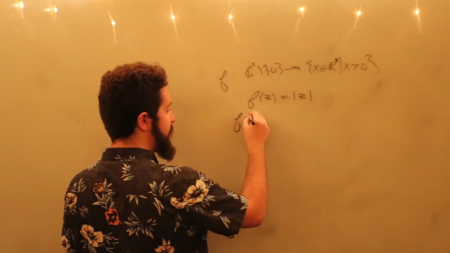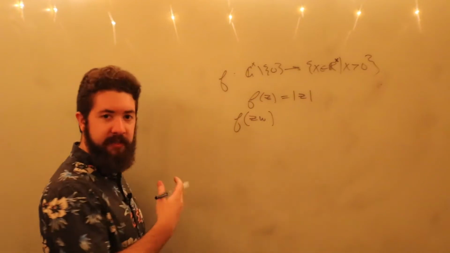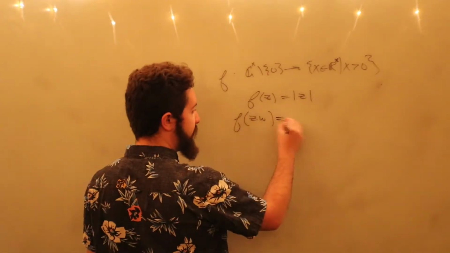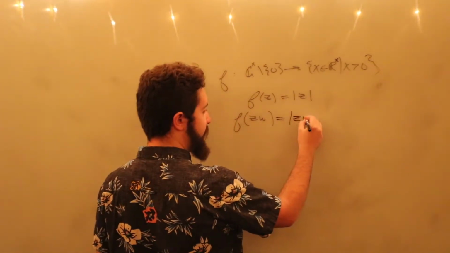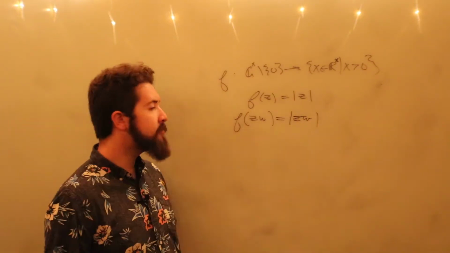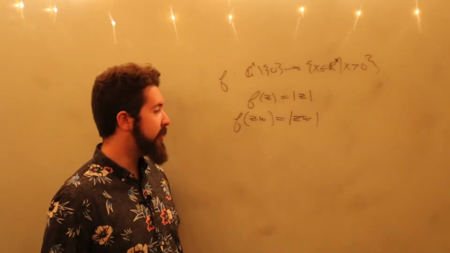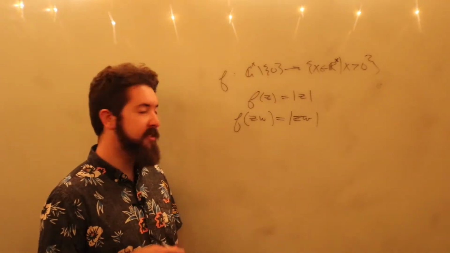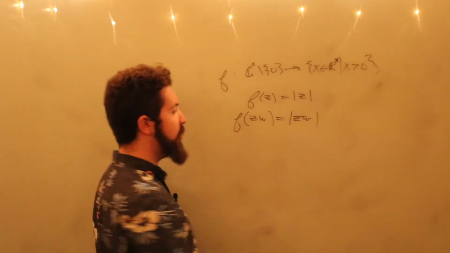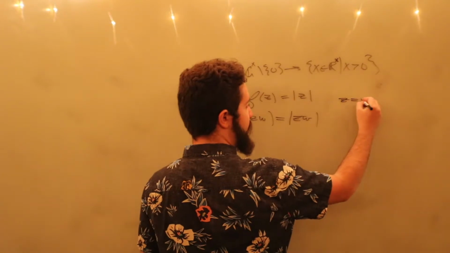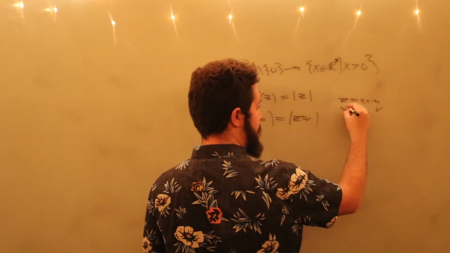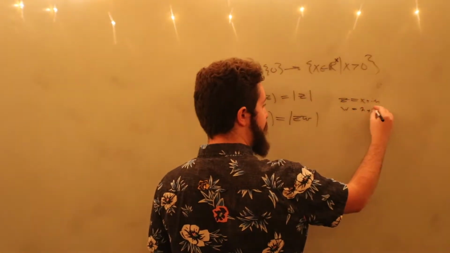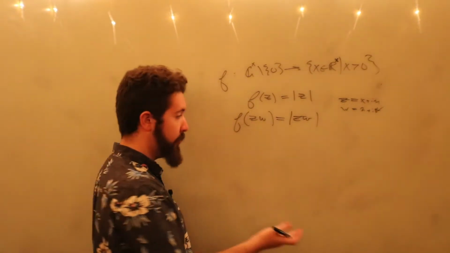And we want to consider f of the product z times w. Well, this is going to be equal to the modulus of z times w, which, in case you're not familiar with the rules of the modulus and more generally norms, I will just write this out in terms of components. So let's call z equals x plus iy, and w is equal to u plus iv, real numbers x, y, u, v.